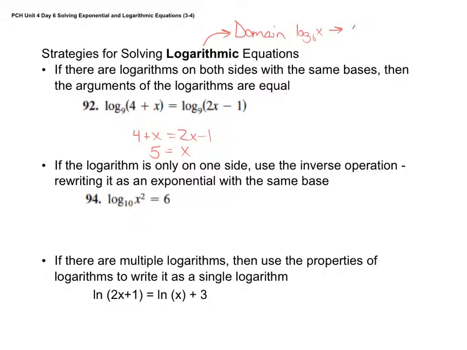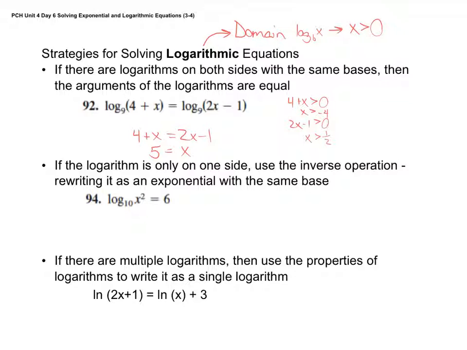Greater than 0. X has to be greater than 0. There we go. Your argument has to be greater than 0. So in this case, I know that 4 plus x has to be greater than 0, and I also know that 2x minus 1 has to be greater than 0. So x has to be greater than negative 4, and x has to be greater than 1/2.